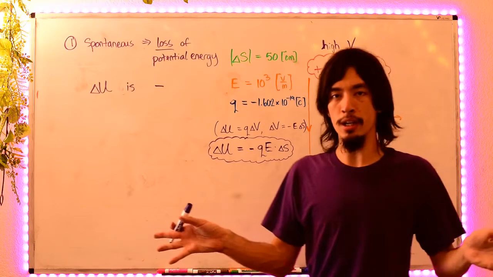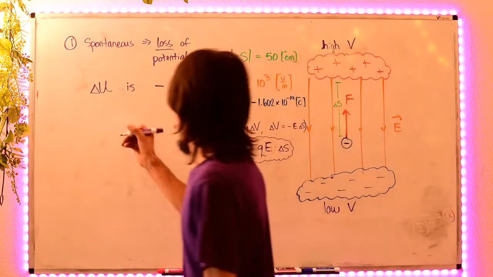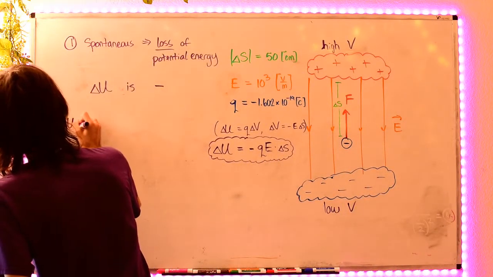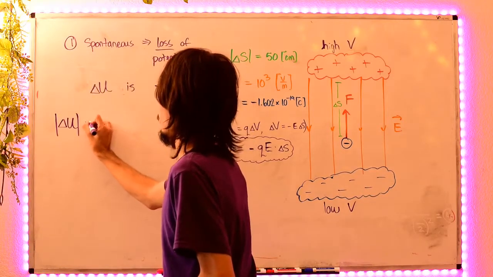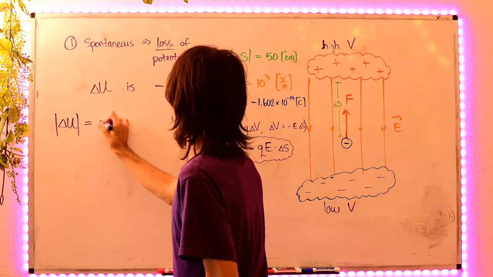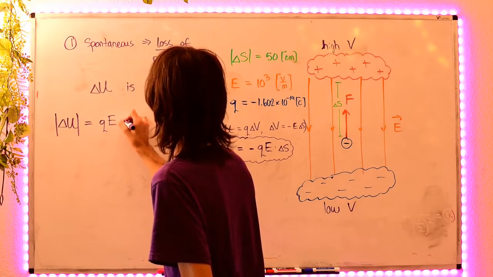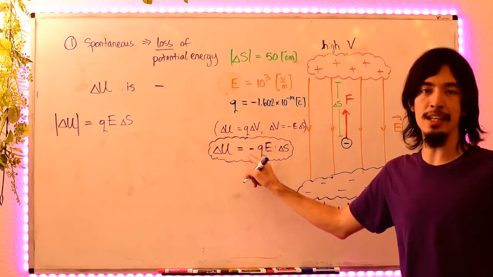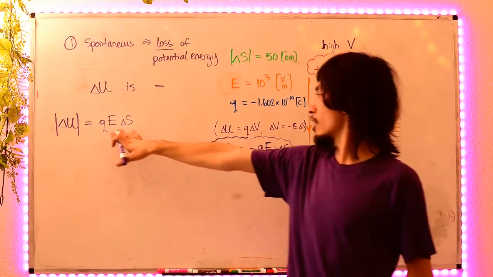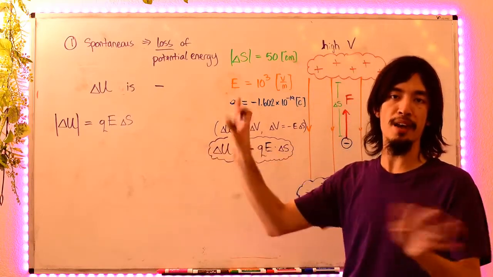So if you wish, you can do this. Delta U, the magnitude or the amount of it, is just simply Q E delta S, ignoring any pluses and minuses, just take the absolute value of everything.